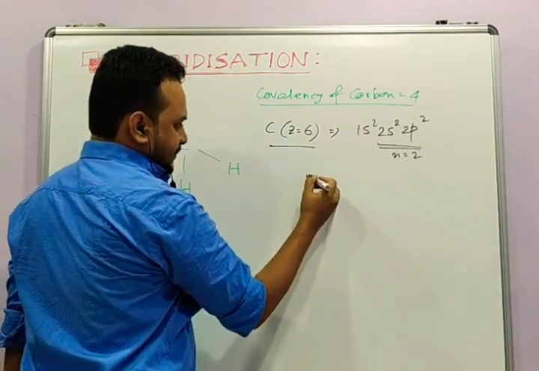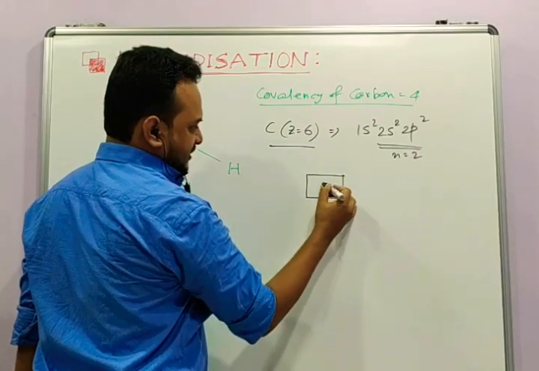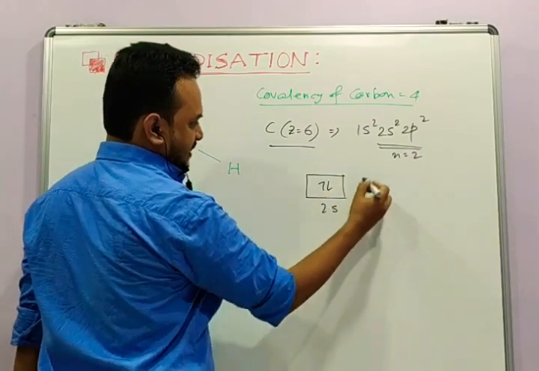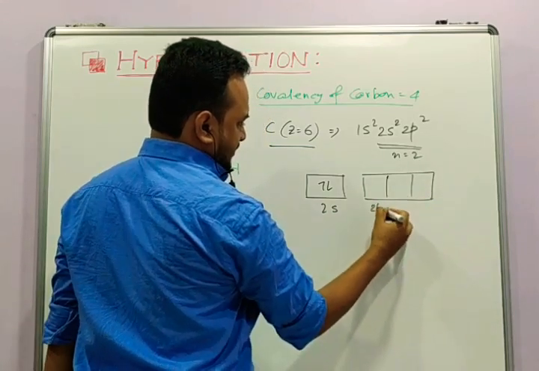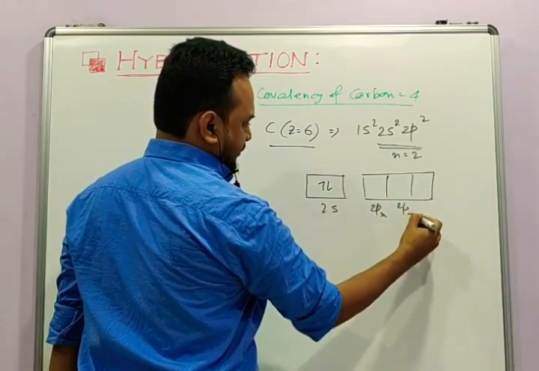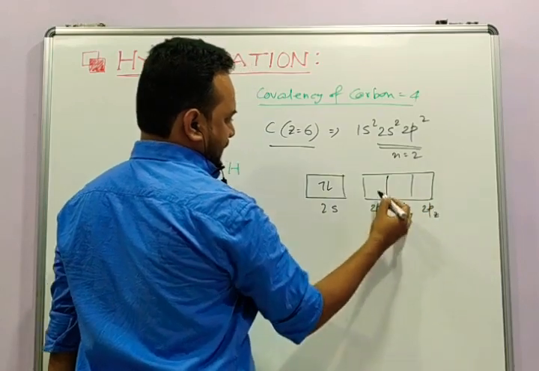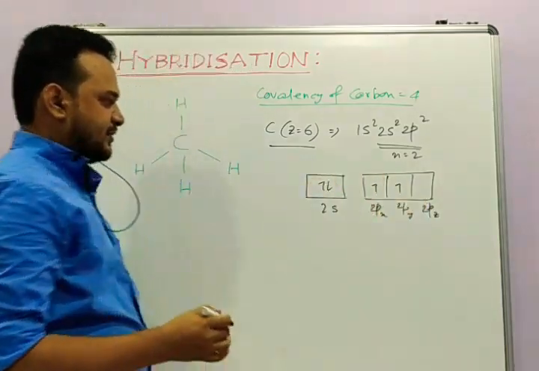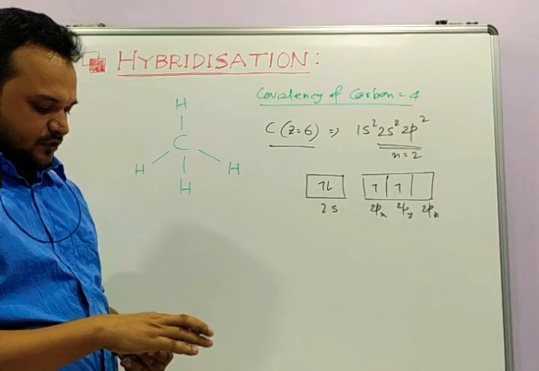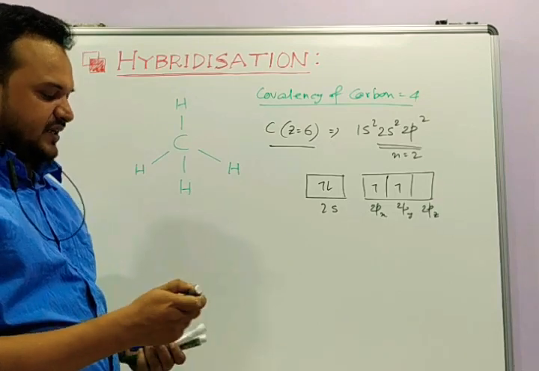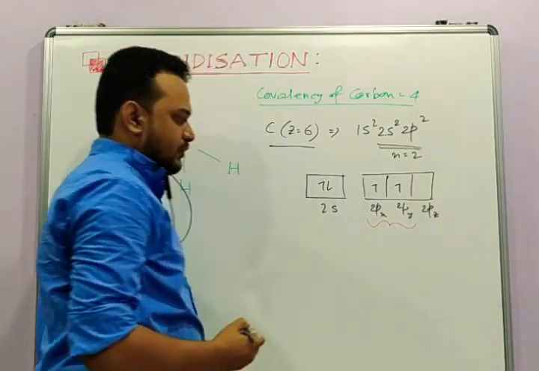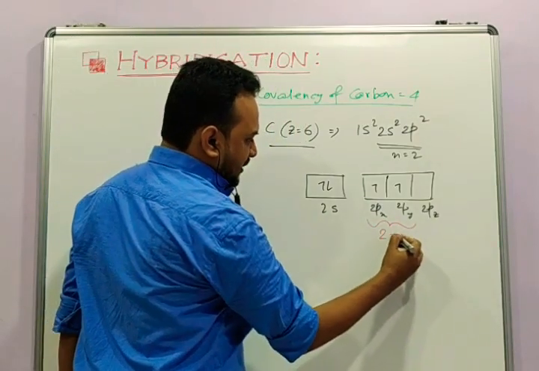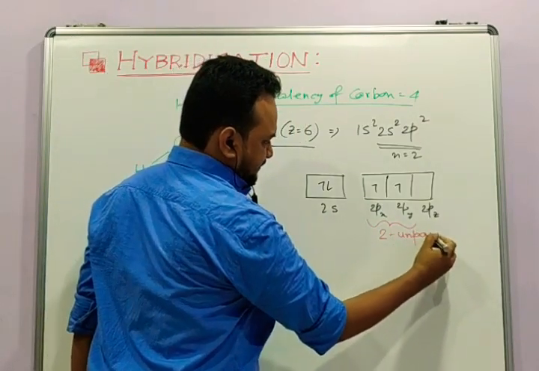So what is the picture of the valence shell? It is a 2s orbital, and then we have three 2p orbitals, 2px, 2py, 2pz. From the electronic configuration, it is clear that in the valence shell of carbon we have only 2 unpaired electrons, right?